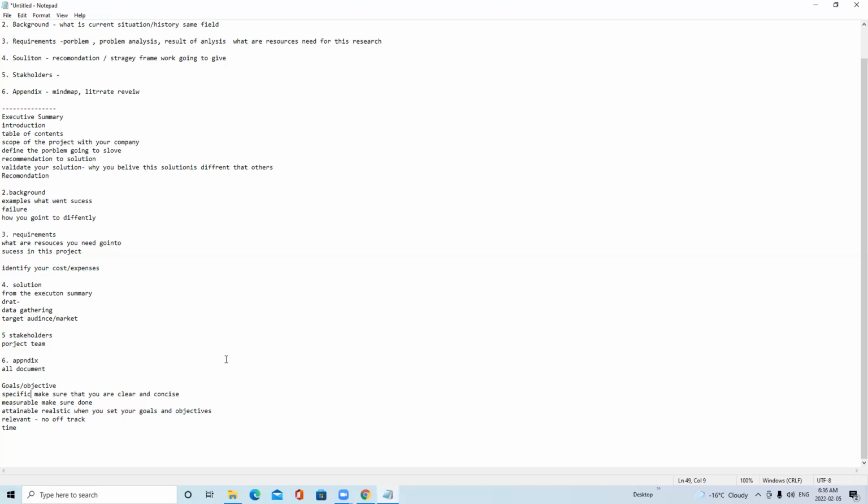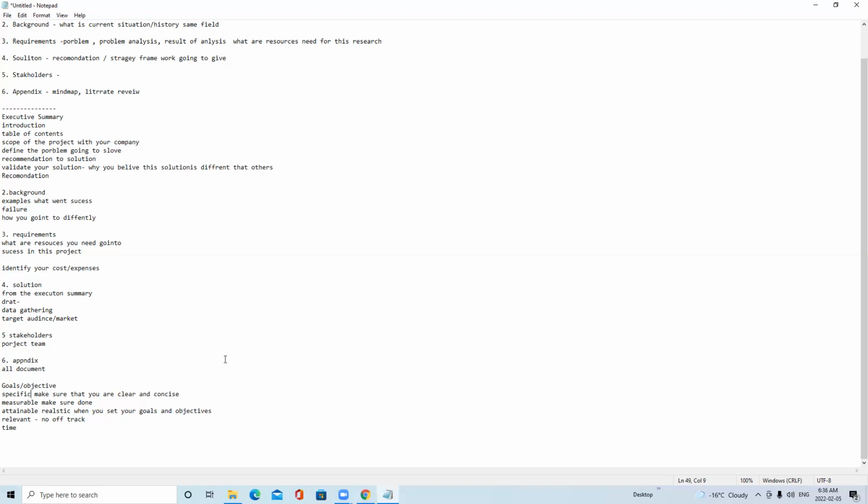The third one is attainable. Attainable means it should be realistic, like you are not saying I'm going to research 200 books and 200 resources. Set realistic goals that are attainable, within the time you have. So set your mind map with realistic, attainable objectives and goals, and relevant.